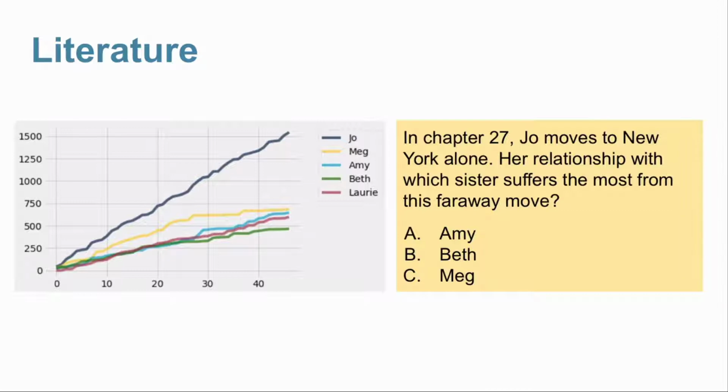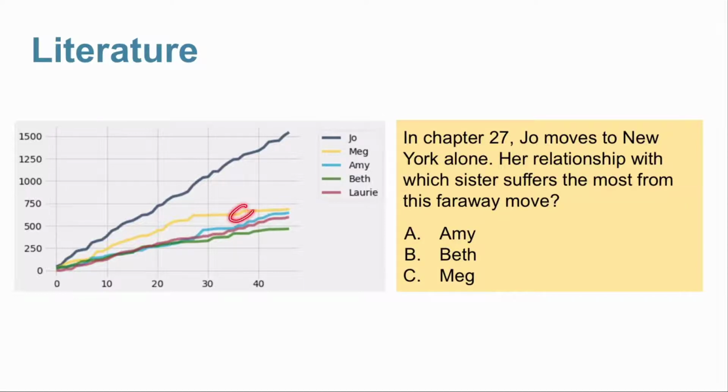The question's saying Joe moves to New York and her relationship suffers with one of the other characters. She moves to New York in chapter 27, so that is right about here. If I look at chapter 27, which character do you think has their relationship suffer? You can pause the video here for a second and think about it. But if you take a look, I'm going to say it's probably Meg, because Meg is not really mentioned from here on out.